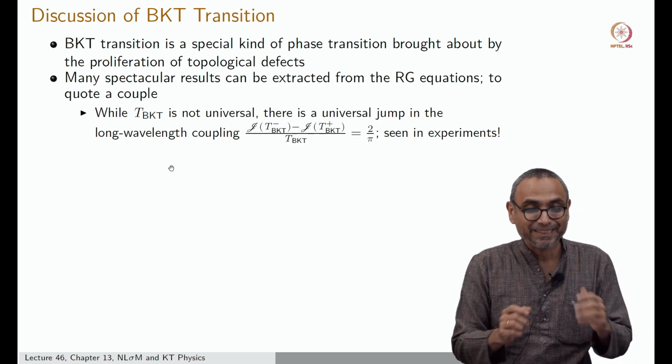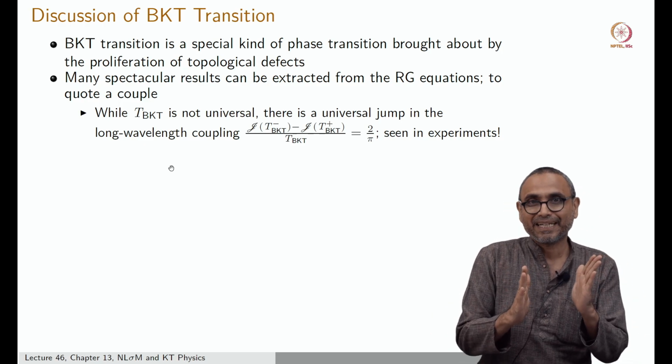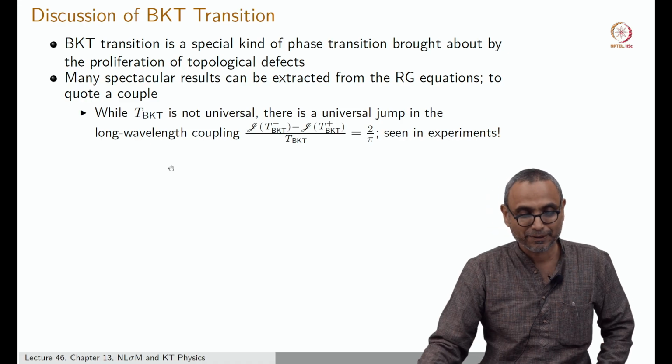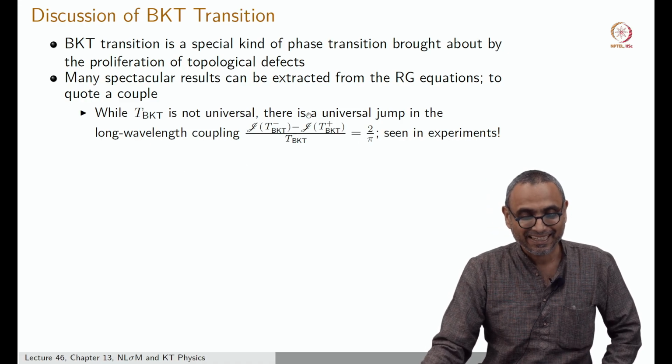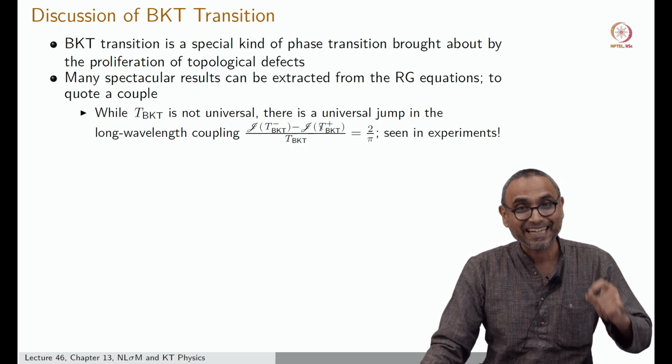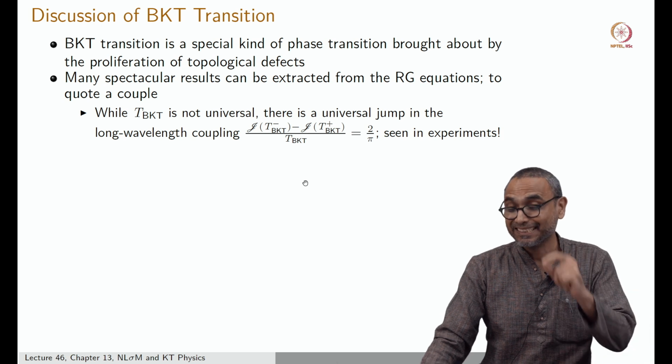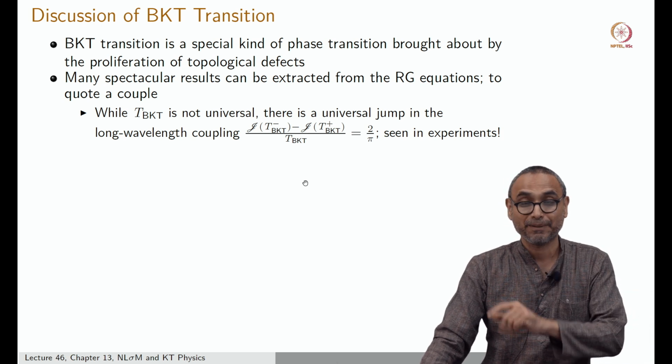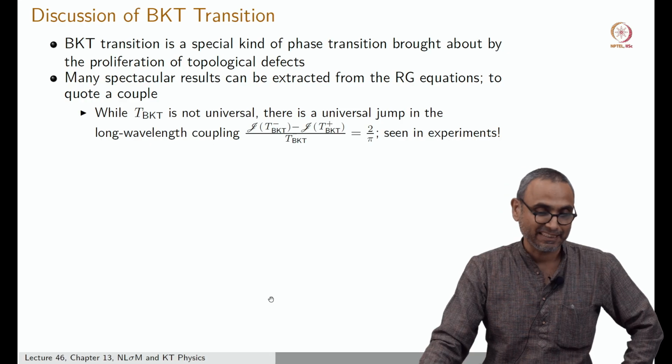But the remarkable thing is, just above and just below the BKT transition temperature, there are these effective values of J you can get, and the ratio of that is universal and is equal to 2 by pi. And this has been seen in experiments on superfluid thin films, etc.